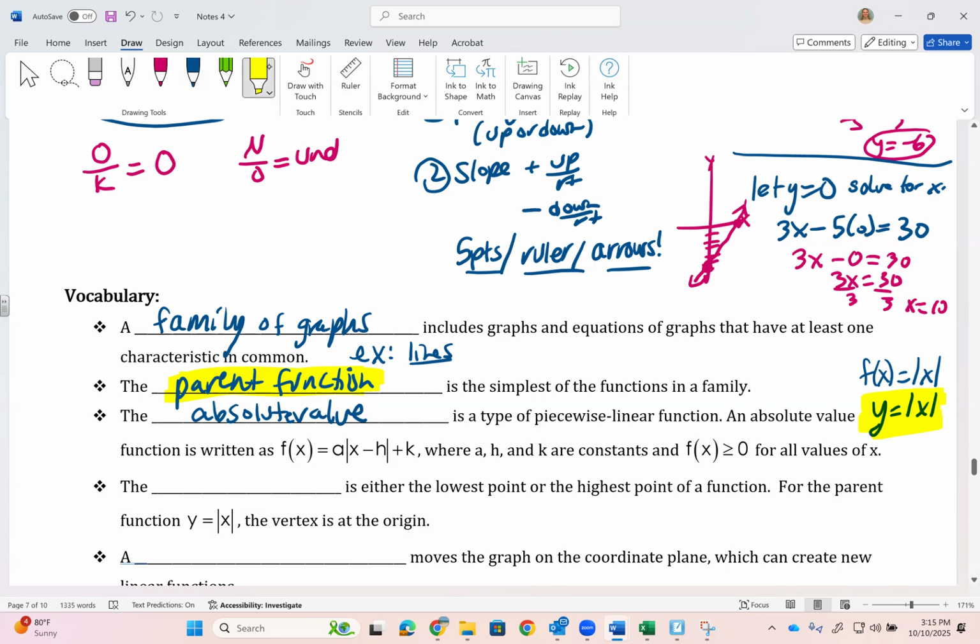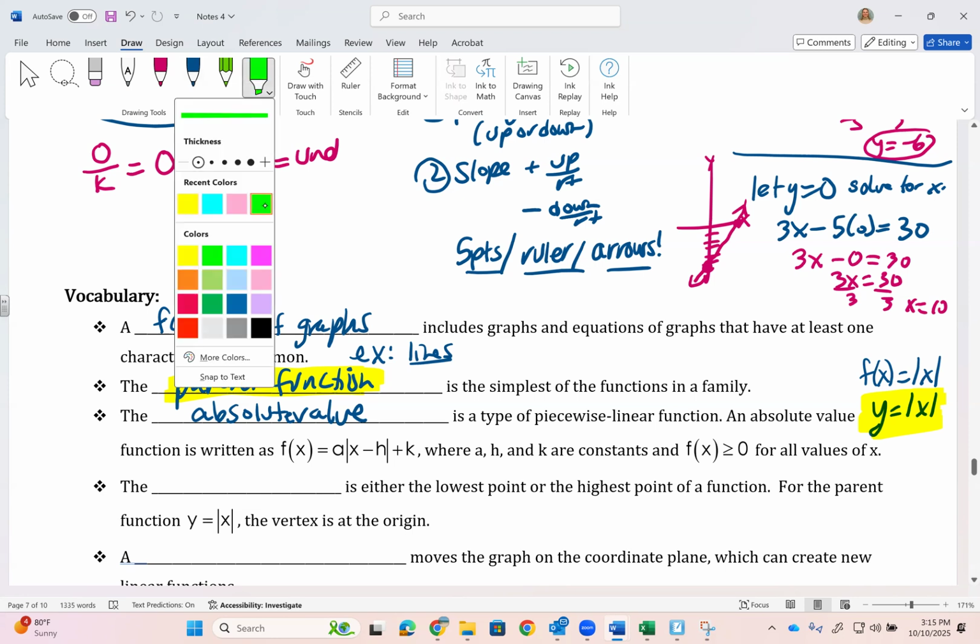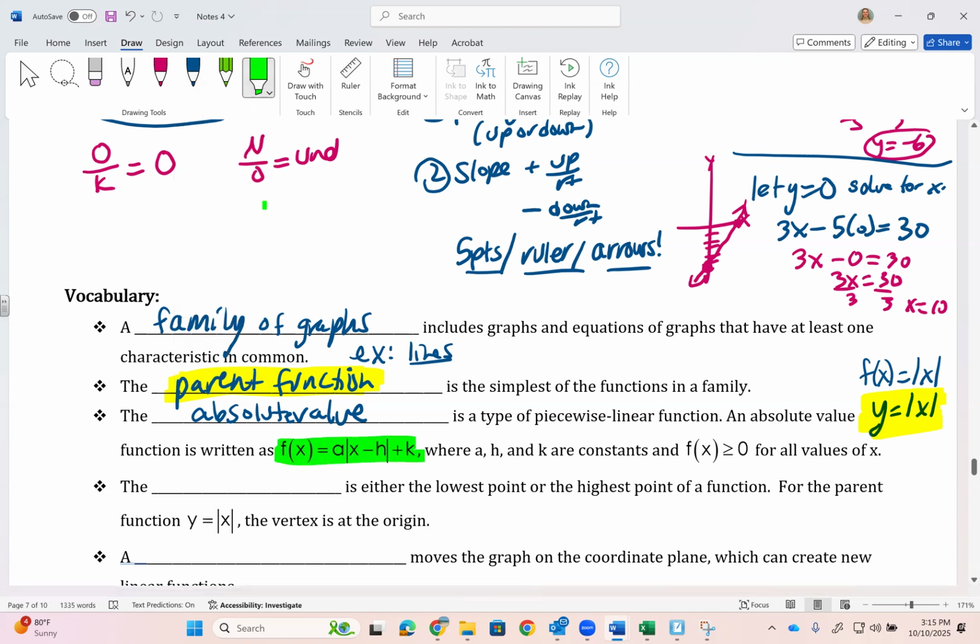Now, there are some things we can do to it that make it look like this. But this is what I want you to look at right here: y equals the absolute value of x. The next thing we can say is the vertex is the lowest or highest point on the graph. We're going to be graphing things, and newsflash, they're going to look like this, a V. The vertex is the part where it turns the corner, where it makes the V. Sometimes they're upside down.